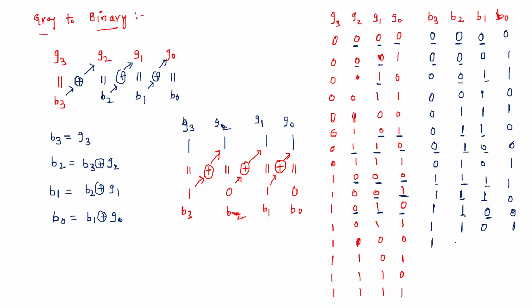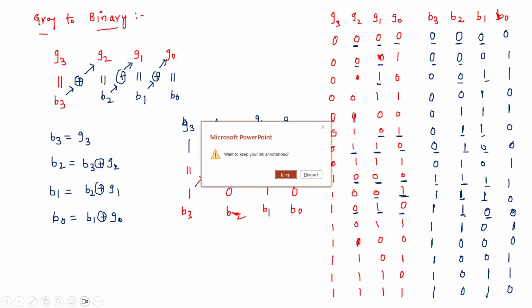Then 1 XOR with 1 is 0, 0 XOR with 0 is 0. 0 XOR with 1 is 1, 1 XOR with 1 is 0. Understood how I am getting the binary values here? Gray code to binary.